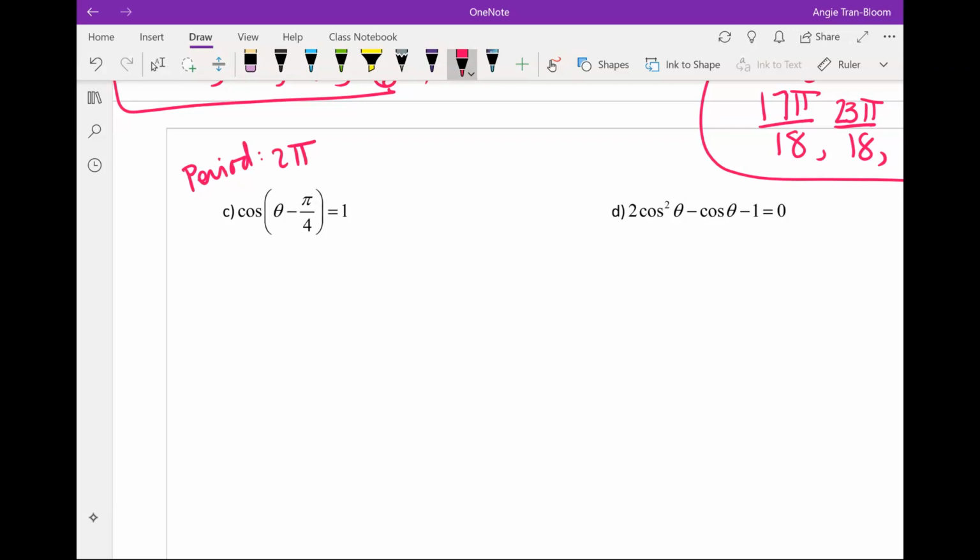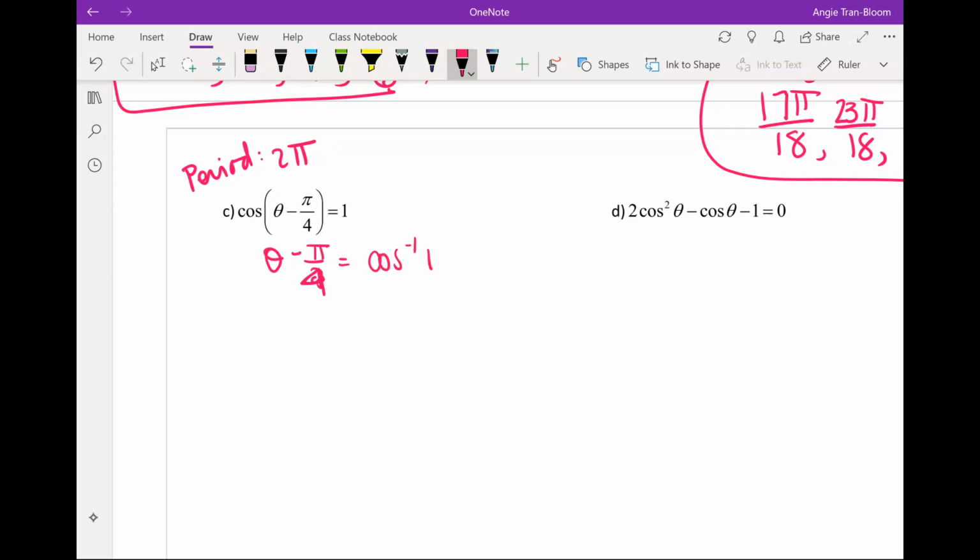All right, how do you solve for C? Yeah, take the cosine inverse, you're right. Equals cosine inverse of 1.